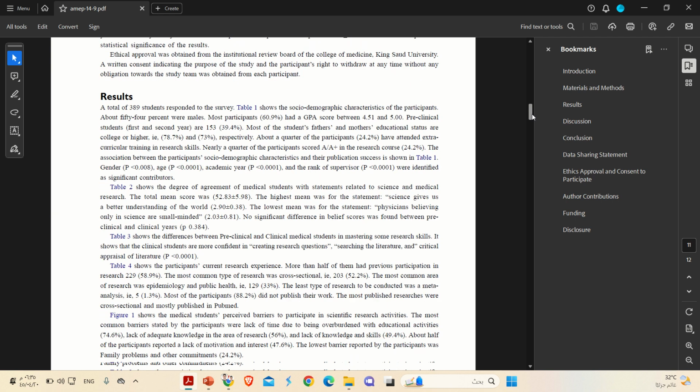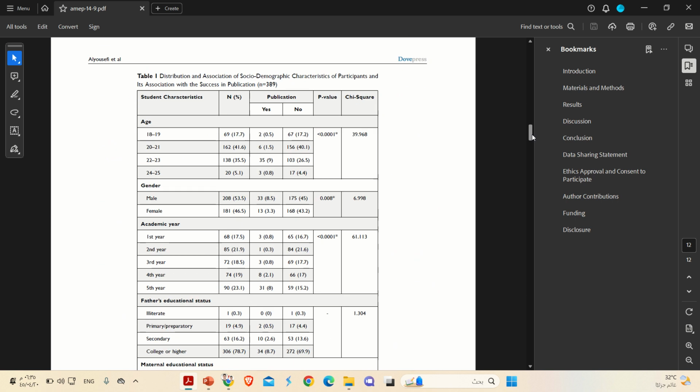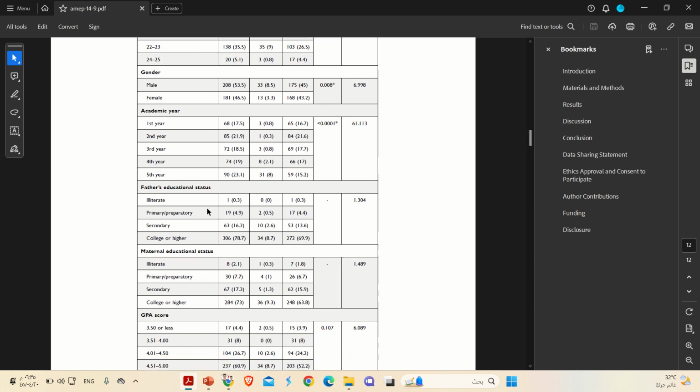What I would recommend in order to construct a questionnaire is you would go straight to the tables. Here they use the age in a category manner. So 18 to 19, 20 to 21, 22 to 23, 24 to 25. You can use the age, the gender, the academic year. Sometimes some of them may not be relevant to your study.